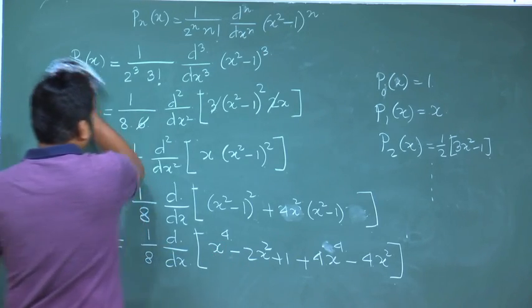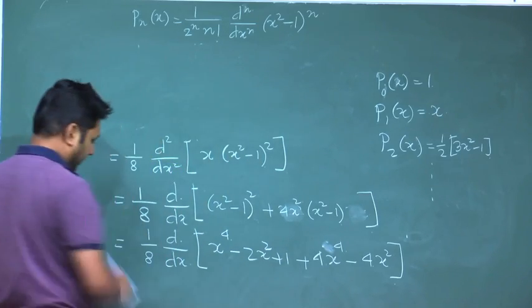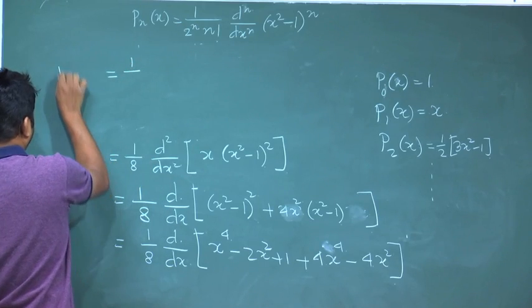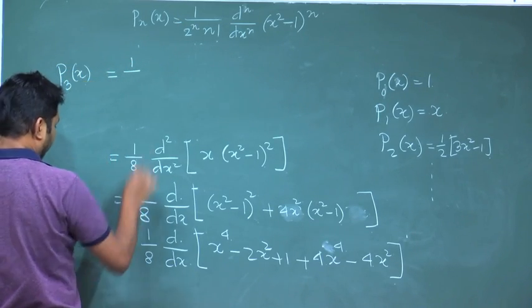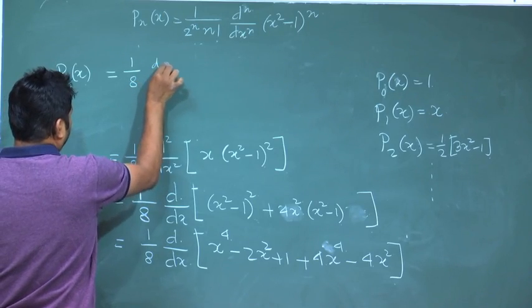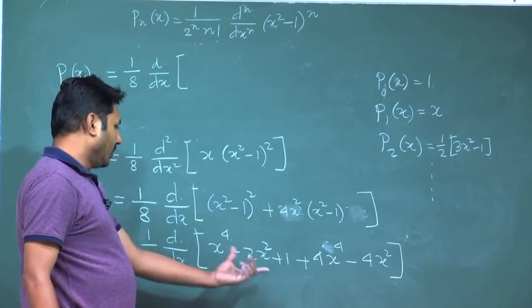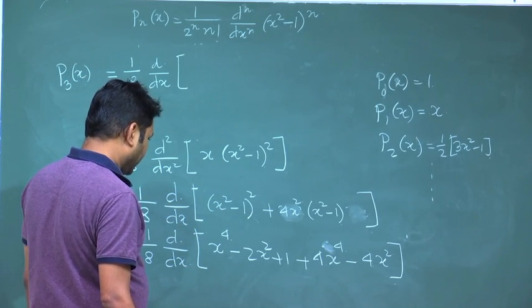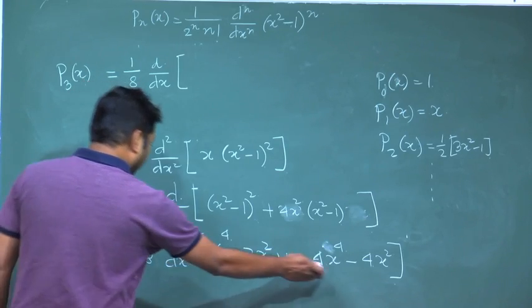Now, if I simplify this, it will be 1 by 8. I try to calculate P3(x). It is 1 by 8 d/dx of this quantity, which is now something like this quantity.